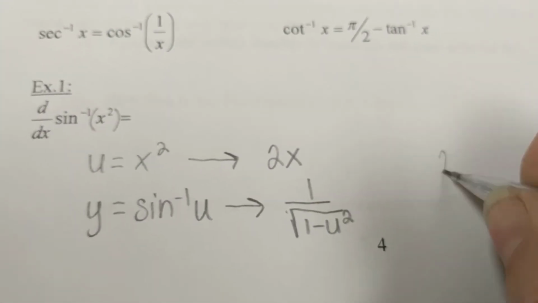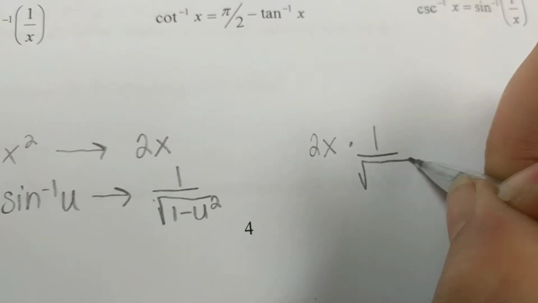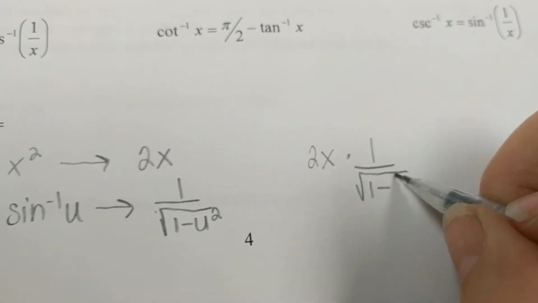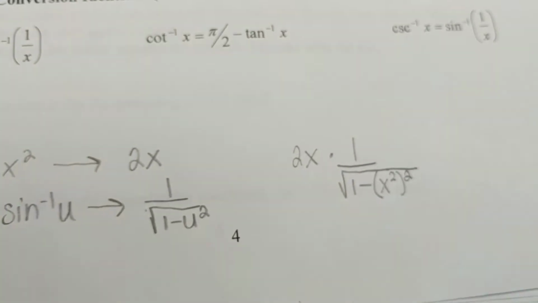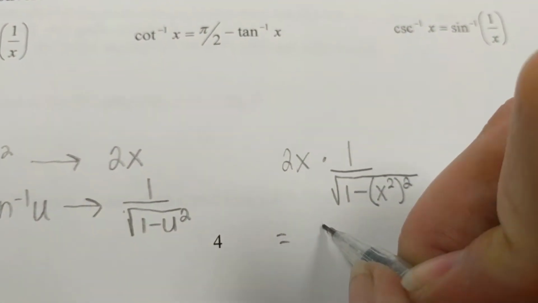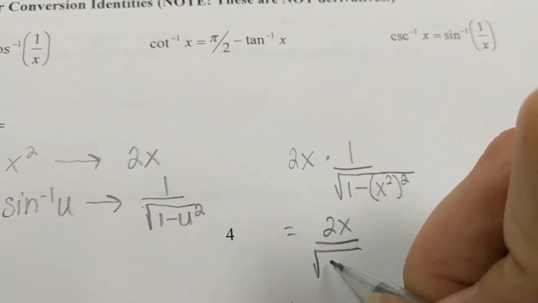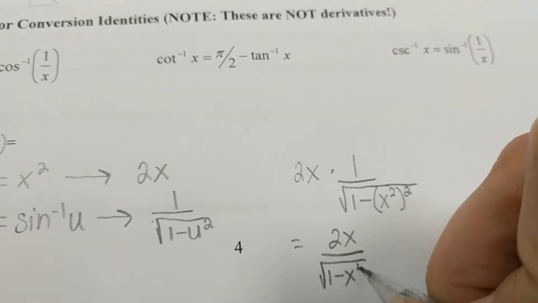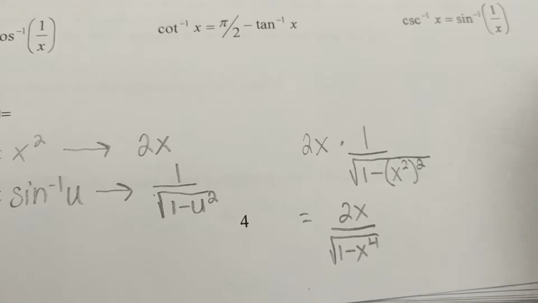So we get 2x times 1 over square root of 1 minus u squared, where u was x squared. When we put it all together, we get a 2x on top and a square root of 1 minus x to the 4th on the bottom. And that's your derivative.